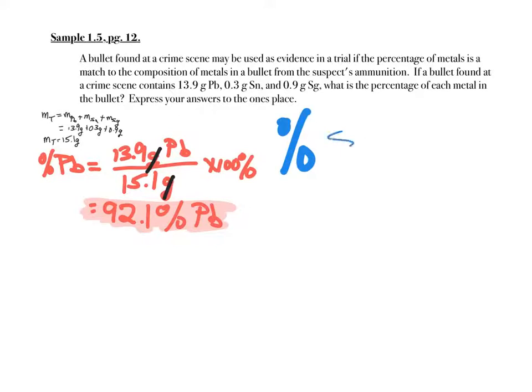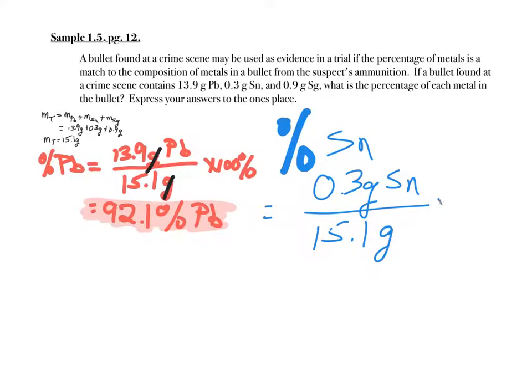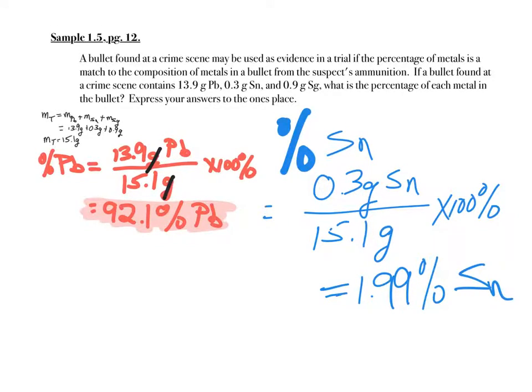The percent tin is going to be equal to 0.3 grams of tin divided by 15.1 grams times 100%, and we get 1.99% tin.